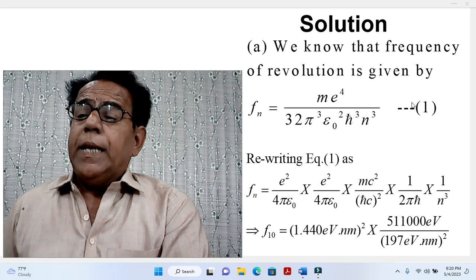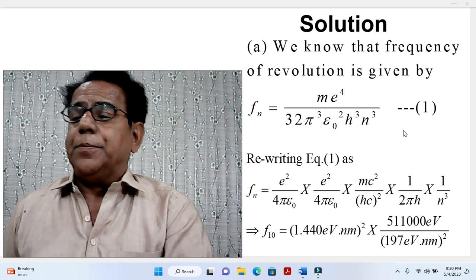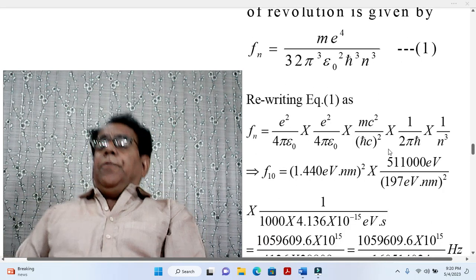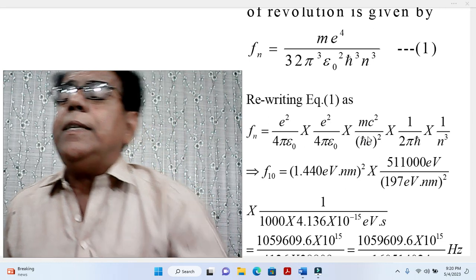Okay, next we say that rewriting equation number 1 as follows. Why the need for rewriting this equation, dear students?